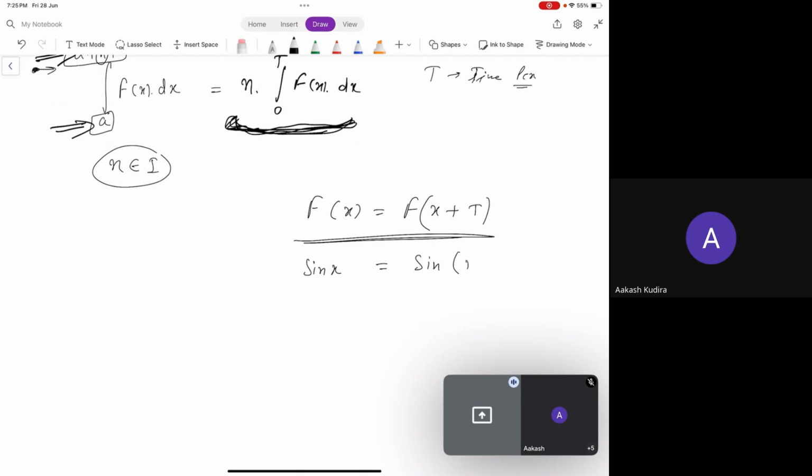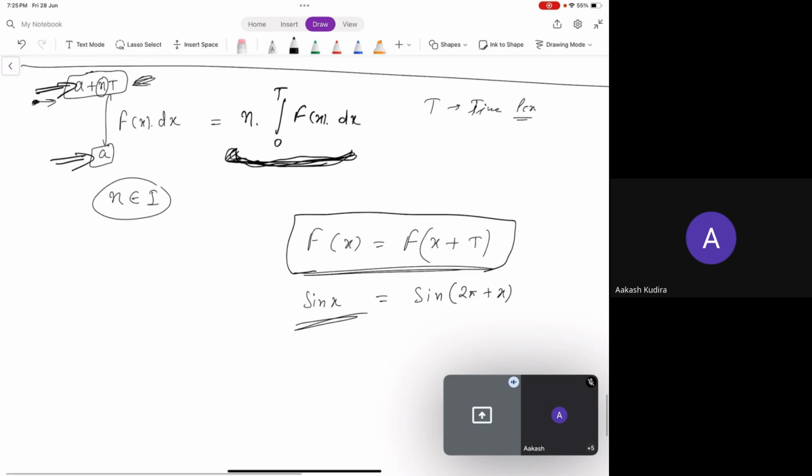So sin(x plus 2 pi), or you can say 2 pi plus x. And we know, this is very basic trigonometry, that sin(2 pi plus theta) equals sin theta. So all of you should know this: f(x) equals f(x plus t). We can write this.